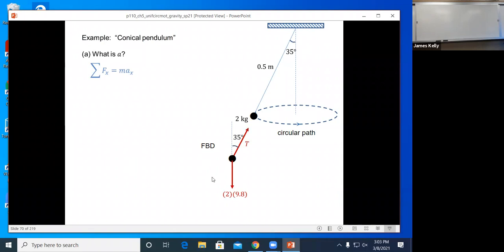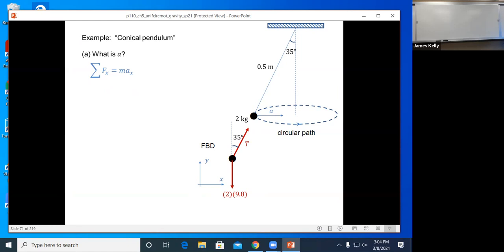So we drew a little free body diagram at this particular location, and we've got a tension and we've got gravity. But I know that the acceleration at that instant points toward the center of the circle, directly to the right in my diagram. And so it made sense to choose the x-axis to the right and then y vertical.